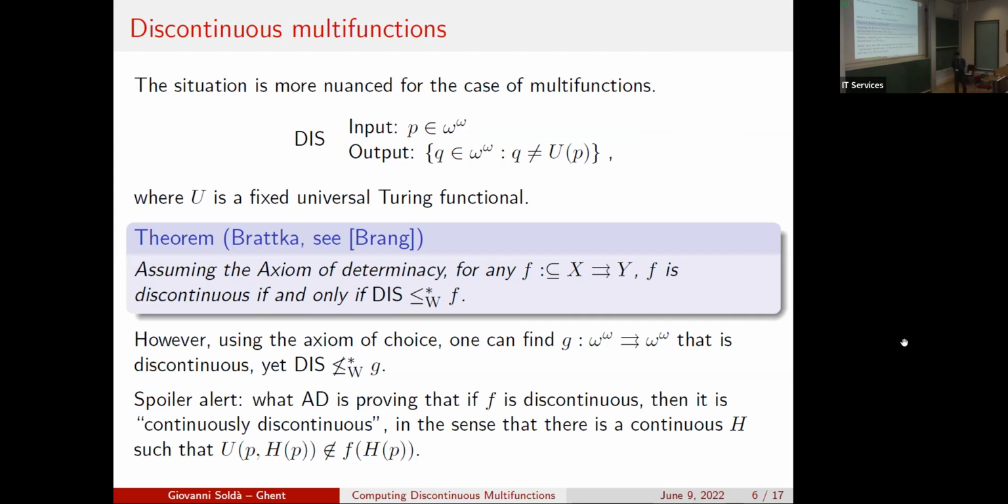So, for instance, the domain of this is the entirety of Baire space, but if you restrict the domain of this guy to any countable set, then this restriction will not only have a continuous realizer, it will have a constant one.